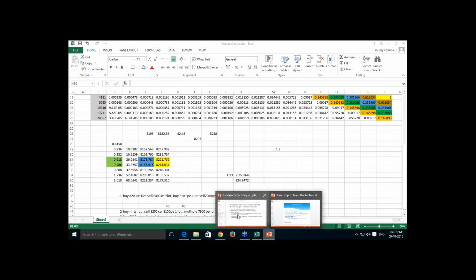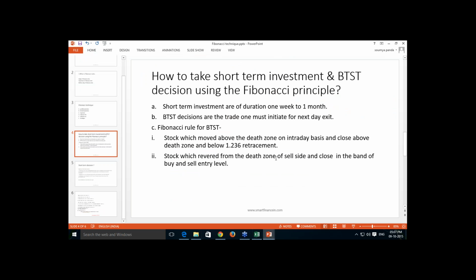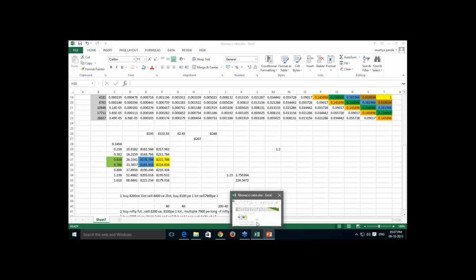Now go back to the rule. What does this rule say? Above the death zone on an intraday basis, close above the death zone and below the 1.236 retracement. Based on this data and this closing, what decision should I take? This is the high, this is the low. From the low, the calculations give my death zone as 8179 to 8185.